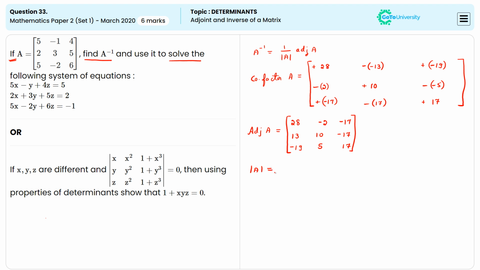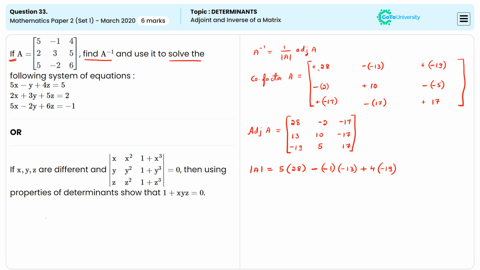Determinant A is equals to 5 times of 28 minus of minus 1 times of minus 13 plus 4 times of minus 19.